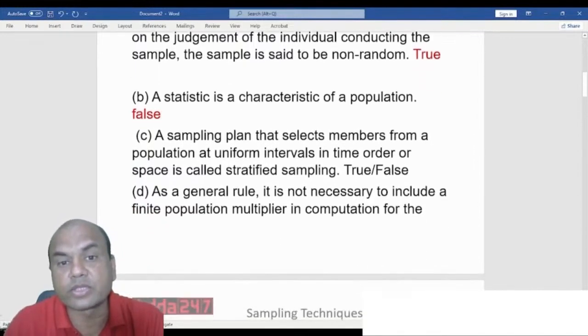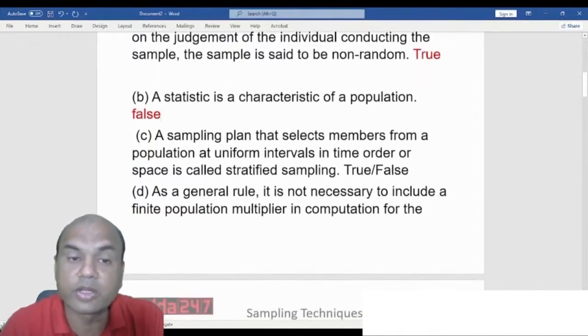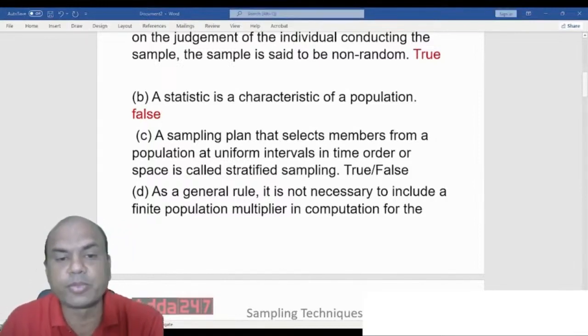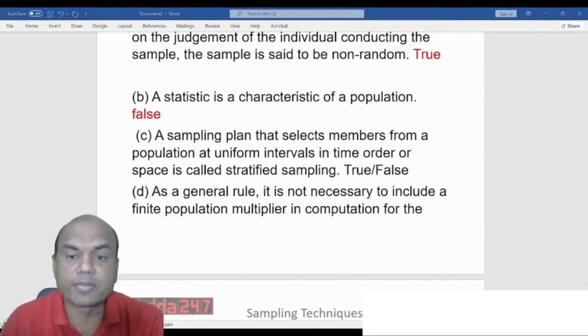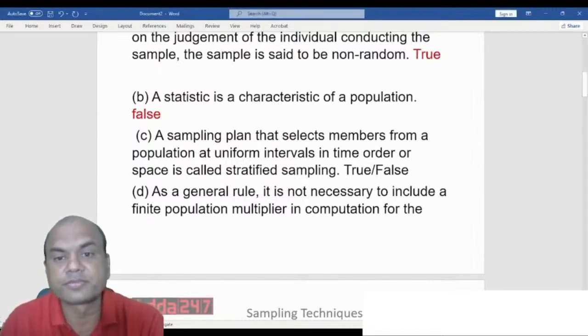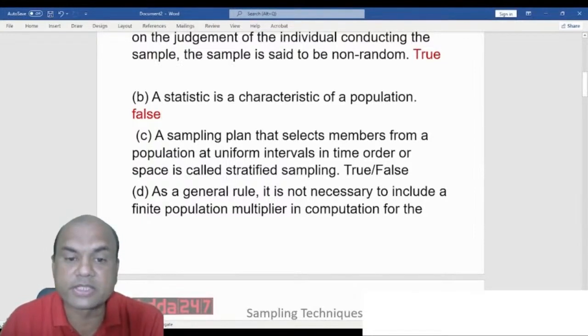Such questions are asked in the exam, and you need to be very clear in your mind about it. A sampling plan that selects members from a population at uniform intervals in time, order or space is called stratified sampling.